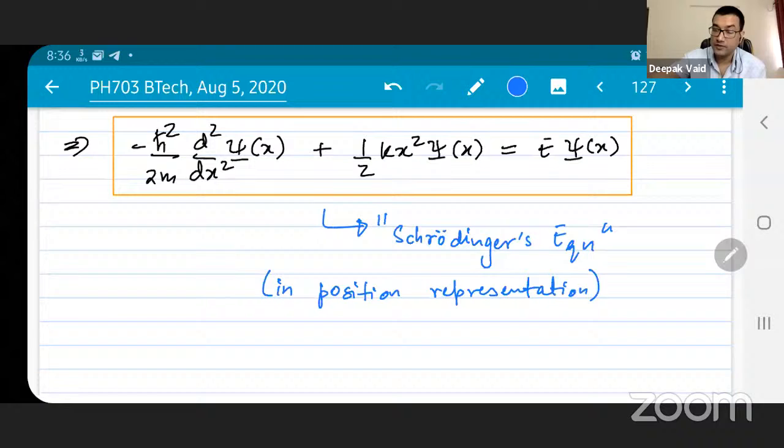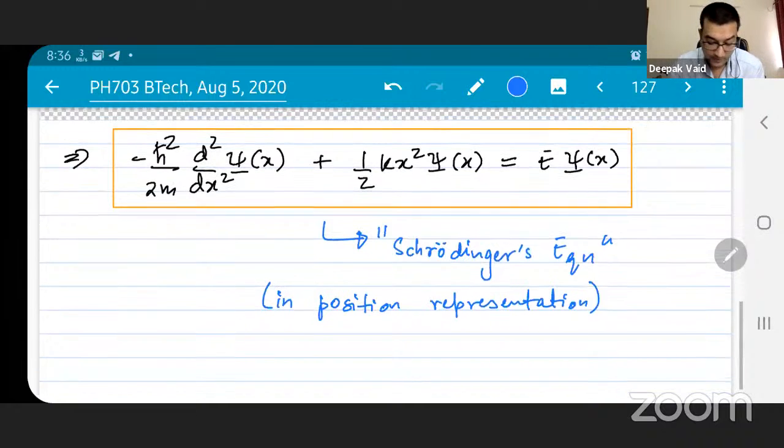We can write down the eigenstates of the momentum operator and expand our state in those eigenstates. Then we will get a different expression for this equation. What will happen in that case?